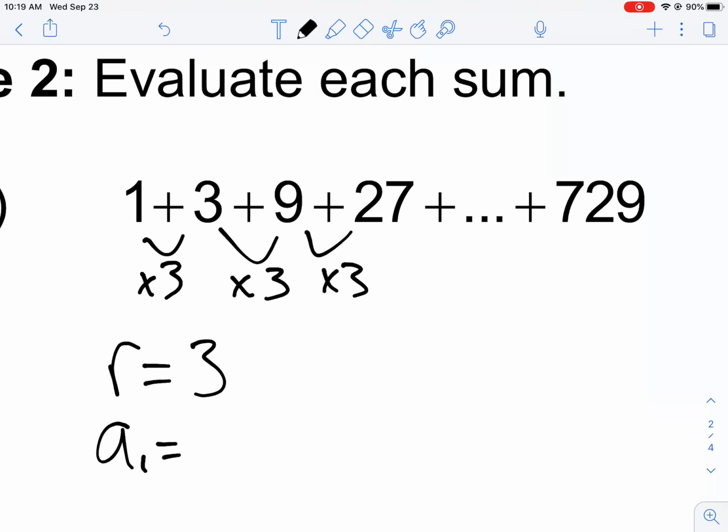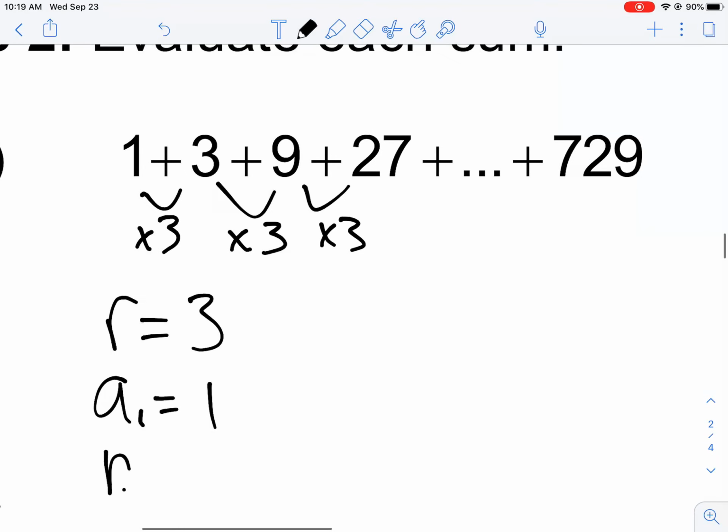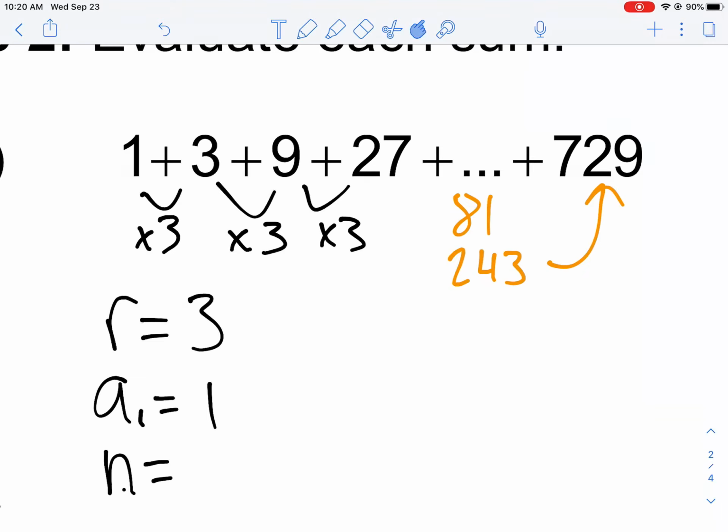Your first term is going to be right here, so a sub 1 is 1. And then, as mentioned before, in the writing segment notation, it's just easier to fill in the dots on this one, so let's go ahead and do that. I'll do it in a different color. So 27, and then we'll just use a calculator if you don't know this. 27 times 3 is 81. 81 times 3 is 243. 243 times 3 is 729.